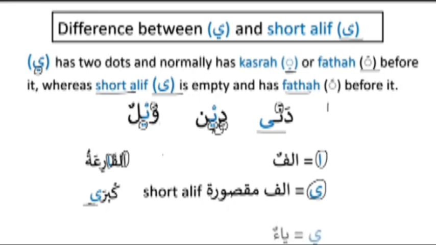And then the next one that we have over here is ya'un, and as we have seen, ya'un carries two dots, and it's clear from the example over here when you say kitabi. Now here it is ya, for two reasons. Number one, it has two dots, and also it has kasra before it. So I hope now, inshallah, that the difference between alif maqsura and ya is very clear.